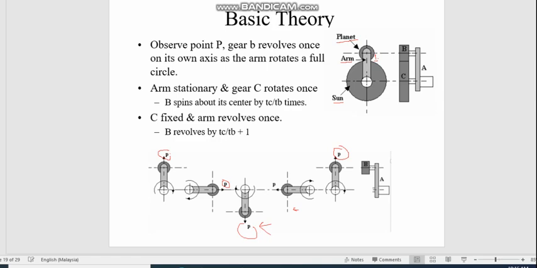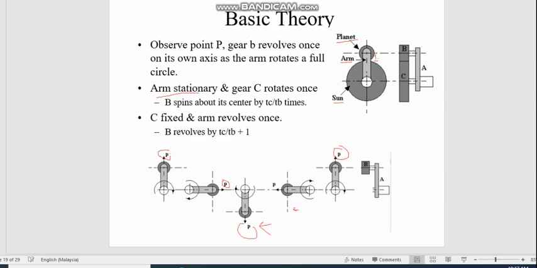So even though the planet gear does not rotate relative to its axis, since the arm rotates once, the planet gear actually rotates once, right?